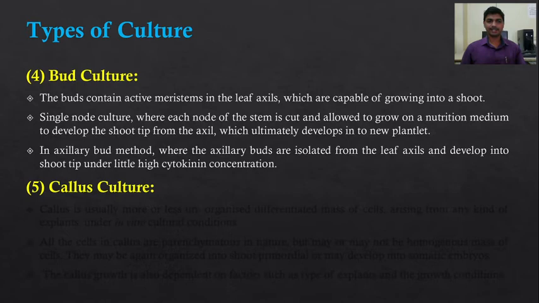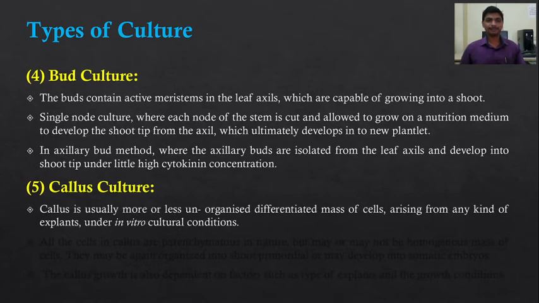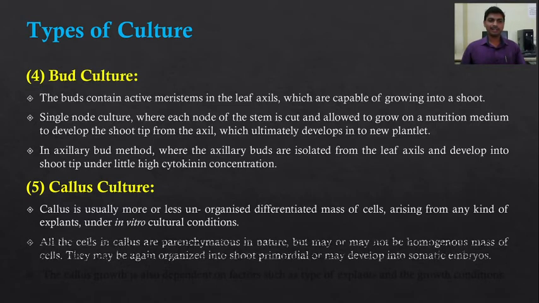Then the callus culture. Here we discussed the callus culture previously. Callus is an unorganized, undifferentiated mass of cells arising from any kind of explant under in vitro cultural conditions. All the cells in a callus are parenchymatous in nature.